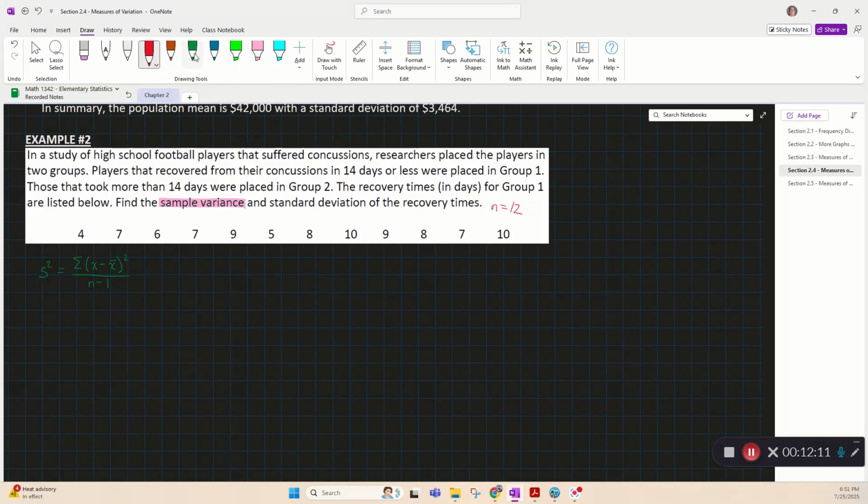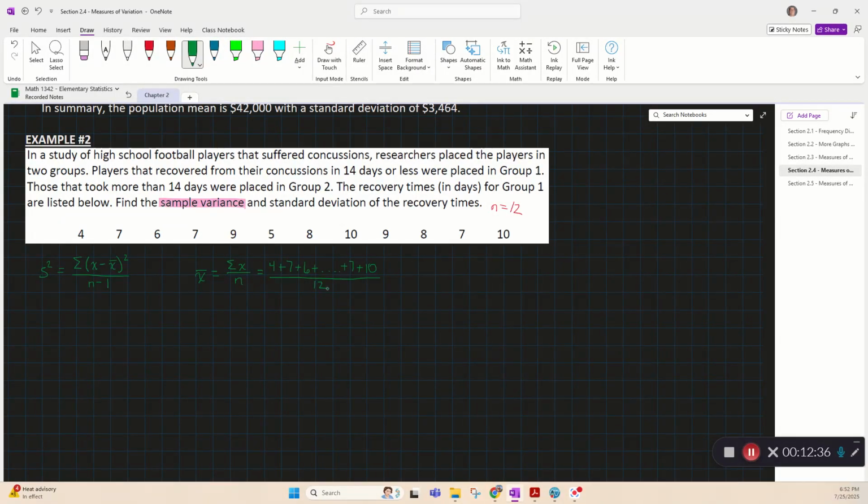Now I need to get my x bar. X bar is going to be the sum of all the x's divided by how many I have. So 4 plus 7 plus 6 plus etc. all the way till the end.